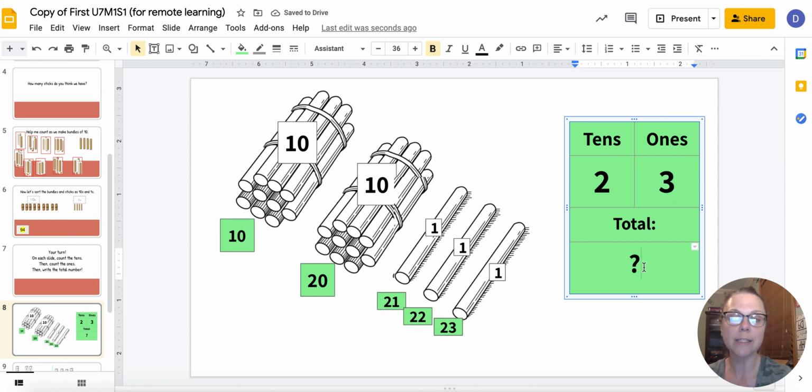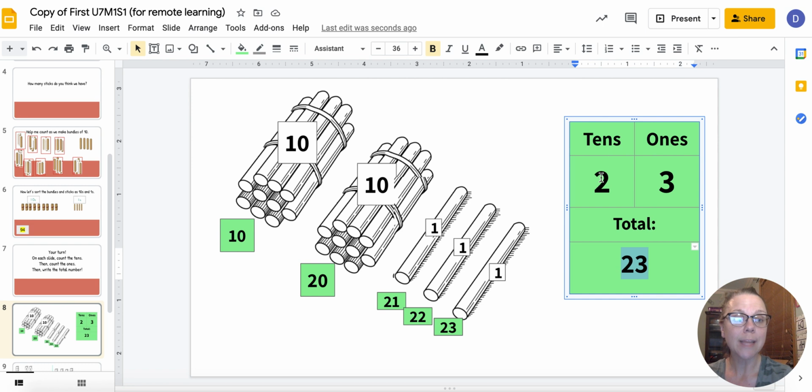I want you to notice something here. Are you ready? 2 tens, 2 groups of 10, 10, 20, and 3 ones. I'm going to put my total down here. What do you notice about these numbers and this number?